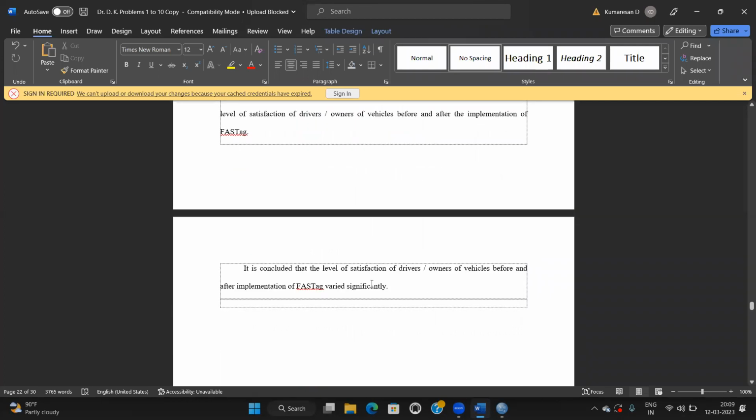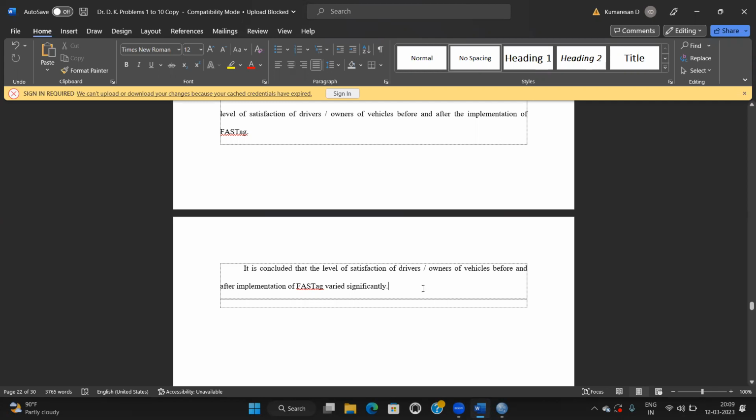So the conclusion is the level of satisfaction of drivers before and after implementation varied significantly. After implementation of FASTag, the satisfaction of drivers is increased. That's all.